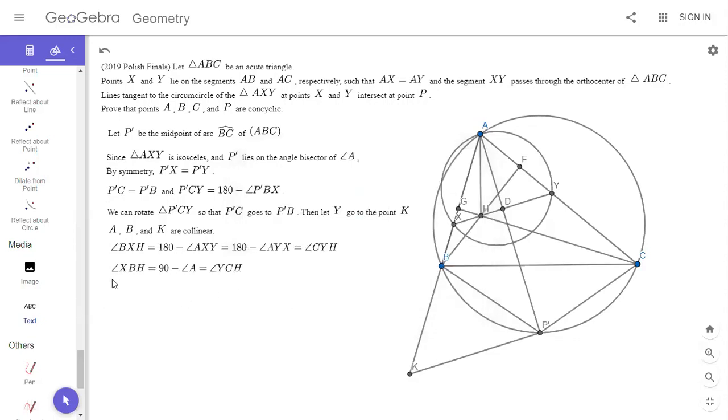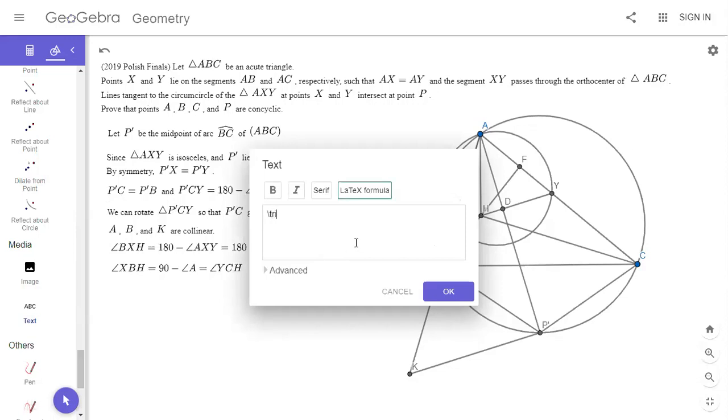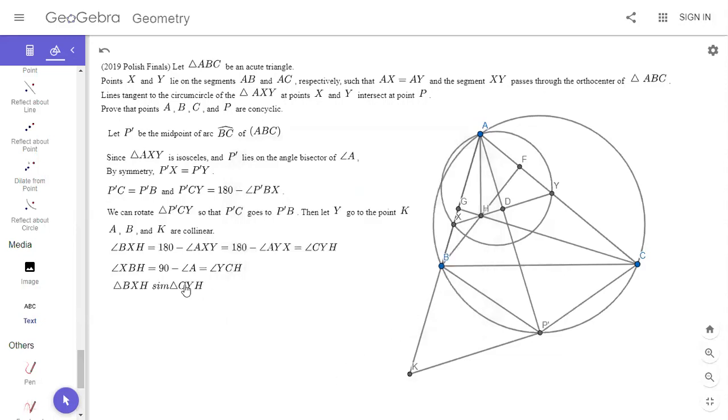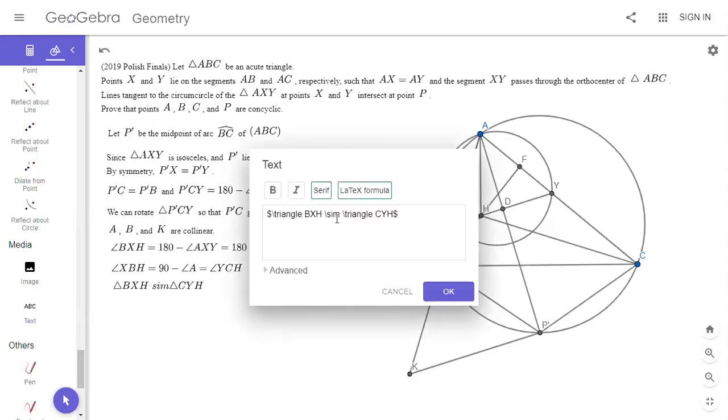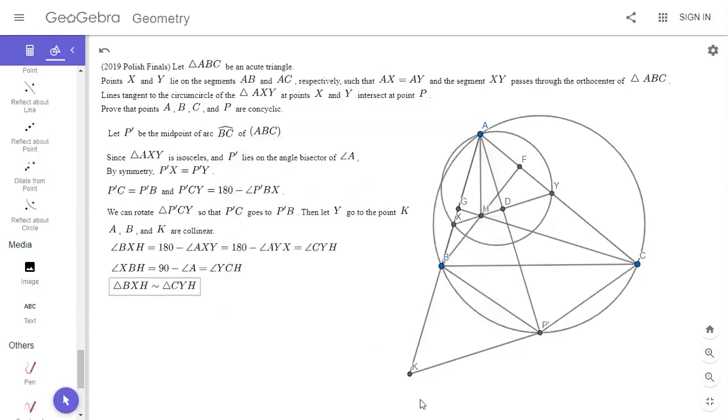And so therefore triangle BXH is similar to triangle CYH. Okay. And so that means that BX over XH is equal to CY over YH is equal to BK over YH.